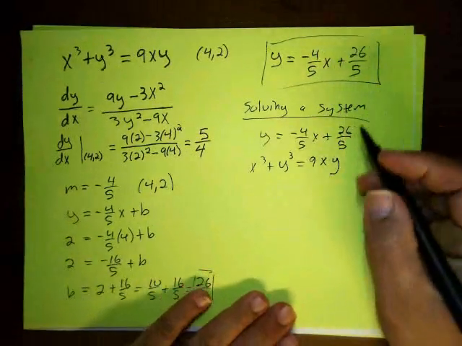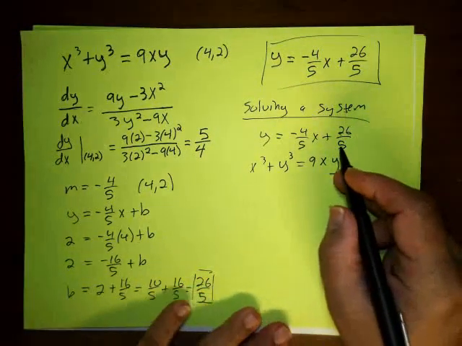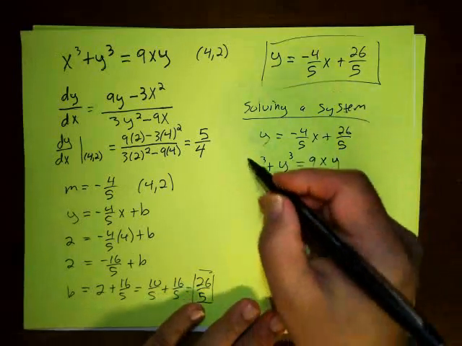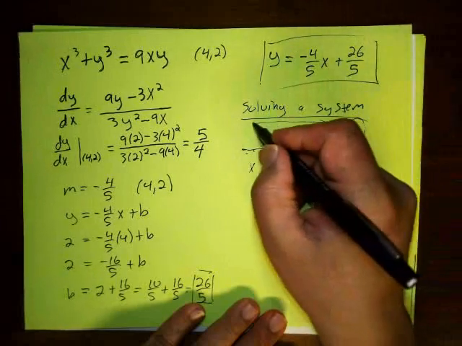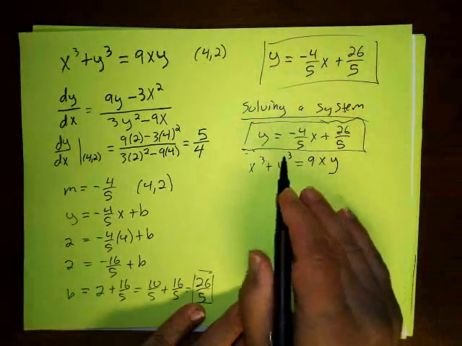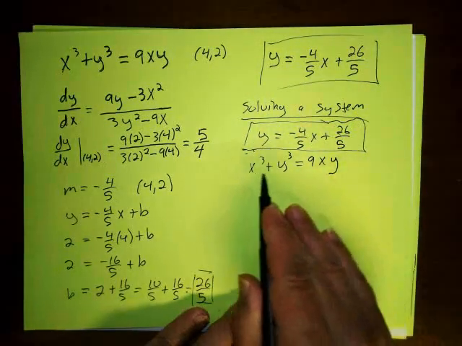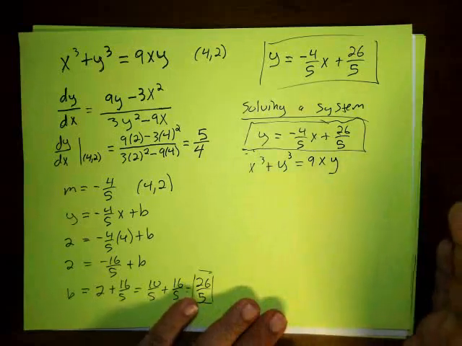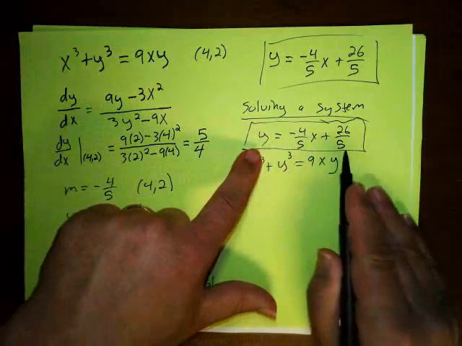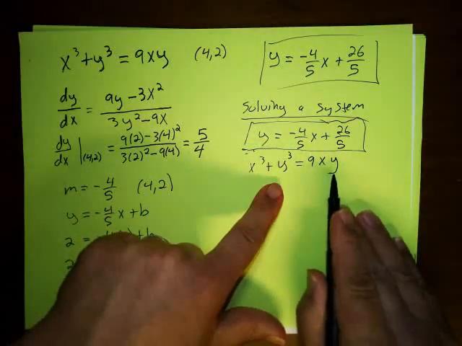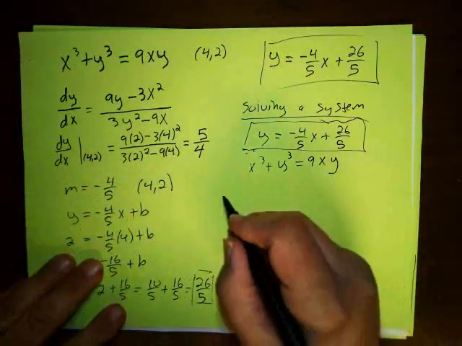Okay, well, this isn't like two lines where you can find where the two lines intersect. This is two graphs. So the way to do this is, fortunately, this graph I can solve for y. So I'm going to solve this one for y, and then I'm going to plug it into this. This is like the substitution method. So I plug this in. I need y to equal this, and then I'm going to plug this in for y into this equation. Okay?